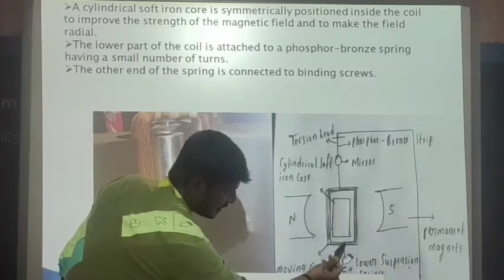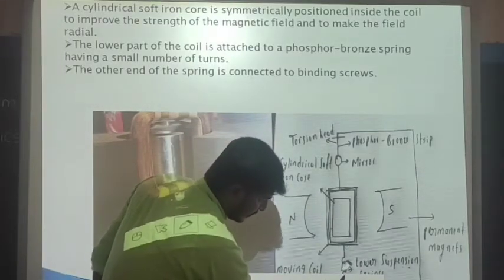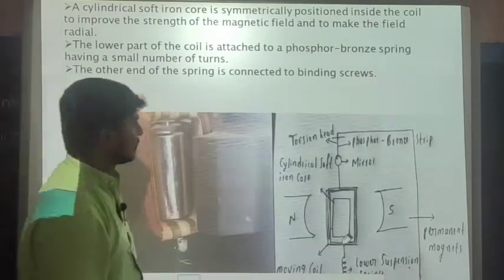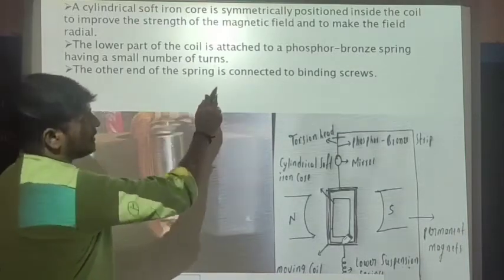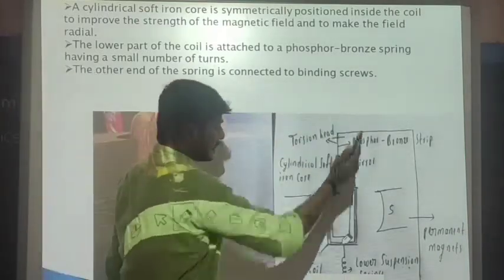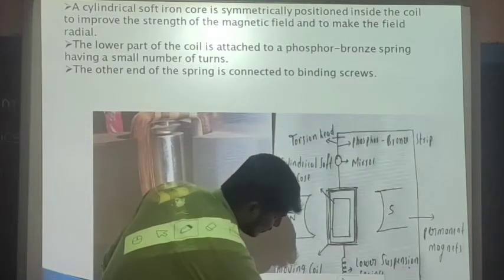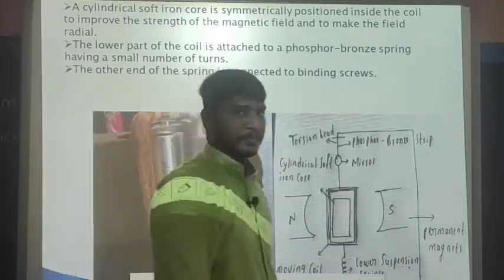Here also, in the block diagram, this is the phosphor bronze spring connected to the lower end of the coil. Then the other end of the spring is connected to the binding screw, that is T1.